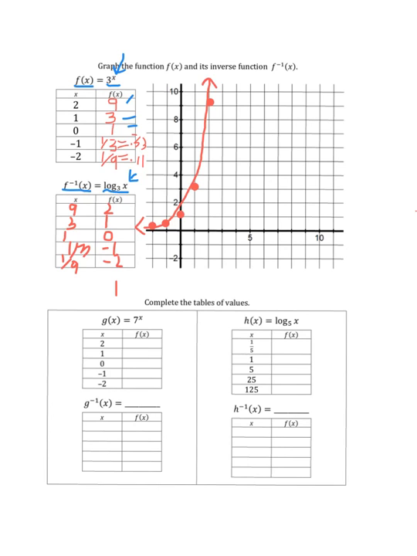So notice how the numbers in this column, 2, 1, 0, -1, and -2, are the same numbers as in that column, 2, 1, 0, -1, -2. So the inputs of f of x match the outputs of f inverse of x, and the outputs of f of x match the inputs of the inverse of f of x.